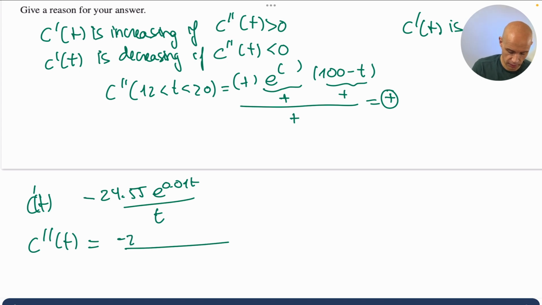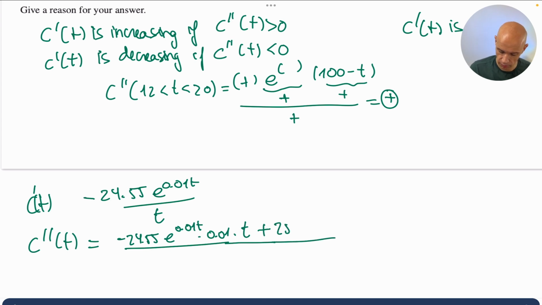Well, this is a constant. You have the derivative of the first one, multiplied by this, right? And multiplied by the denominator, minus, it will be positive, 24.55 e to the 0.01 t, and the derivative of this is 1. And then you have, divided by t squared, right?